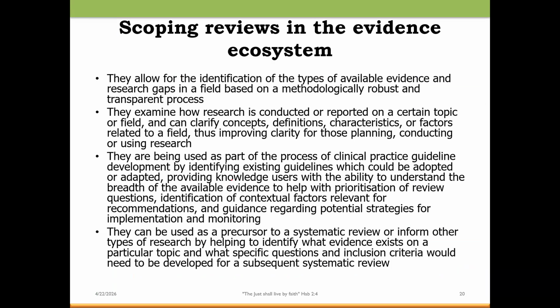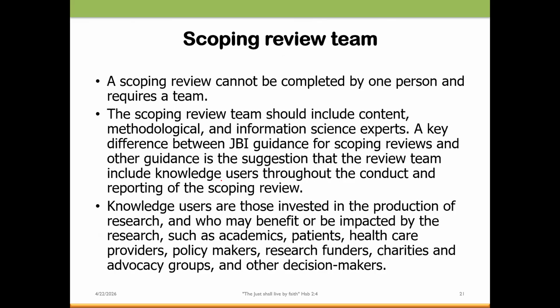You can look at what other researchers have done, then modify it, and also provide knowledge to users so that they can understand the available evidence to help with prioritization of your research question.